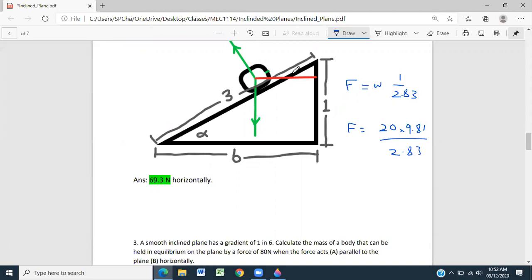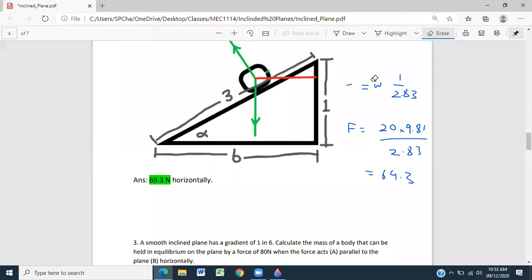So we can get the force needed horizontally to pull this thing at a constant speed. It should be equal to 69.3, right? Yeah, this should give you 69.3. You can work this out, work along with me, get the answer.